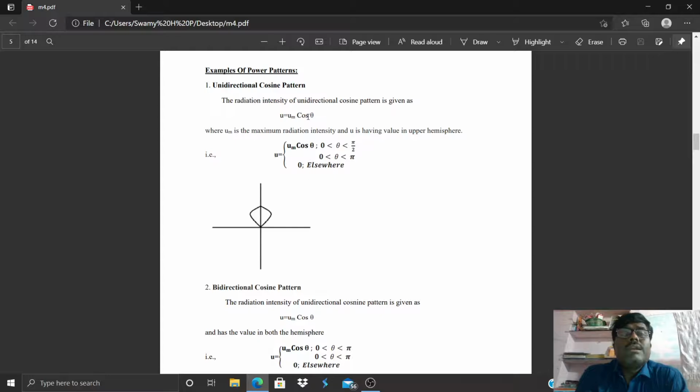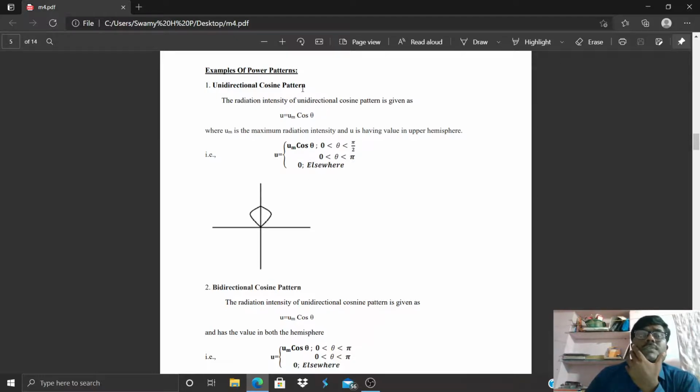He may ask you to calculate the power pattern for the unidirectional cosine pattern, and using the power pattern he may give U is equal to Um cos θ, or both.